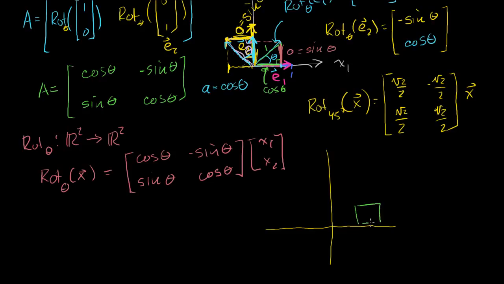Let's say I have some square here in my domain, so this is in R2. Now if I literally multiply this times all of the vectors that specify this set here, when I transform it, I'll get a version of this rotated by 45 degrees. And just to draw it, I'll draw a little 45-degree angle right there. And then it will map it to this image right there, which is a pretty neat result.